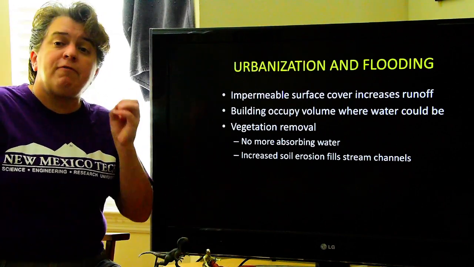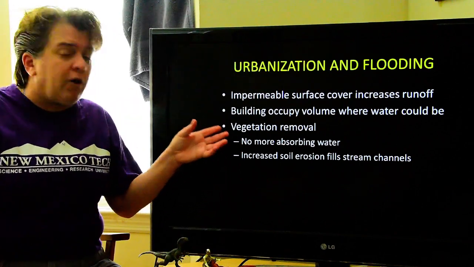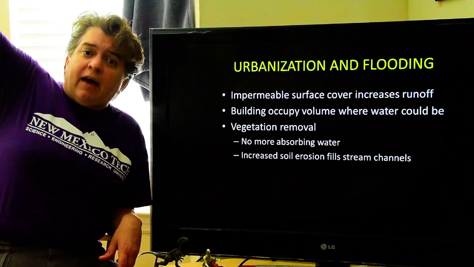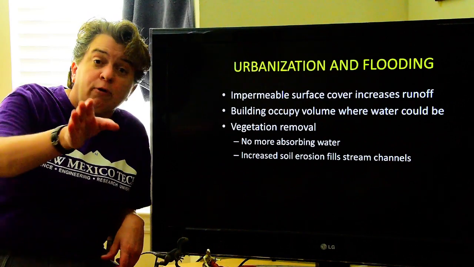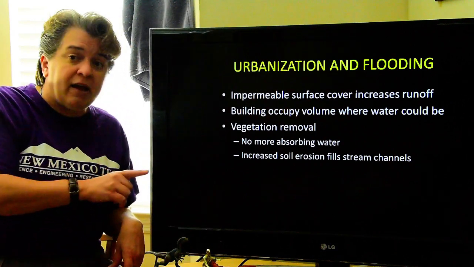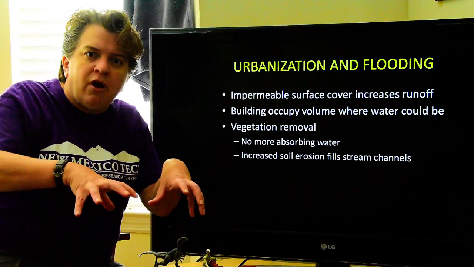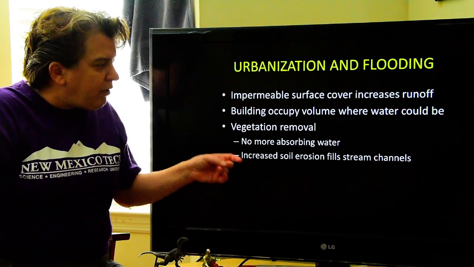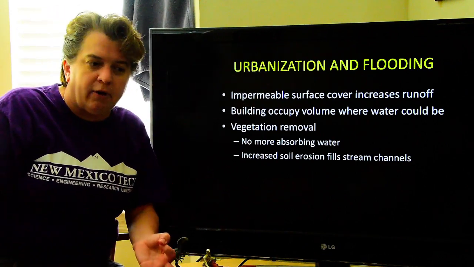Also, removing vegetation. First of all, remember I said vegetation can suck up some of the water and then give it back to the atmosphere in transpiration. If you remove all that vegetation, you don't get that happening anymore. Then the other thing is, the vegetation holds soil in place. When you remove it, you get increased soil erosion.